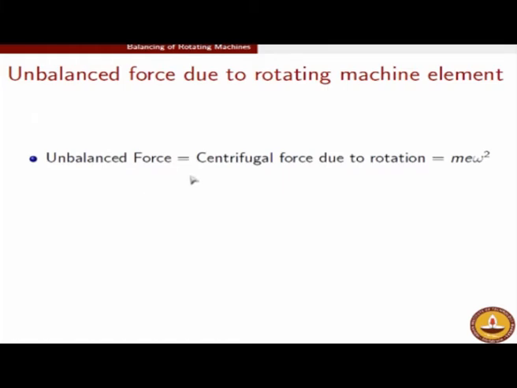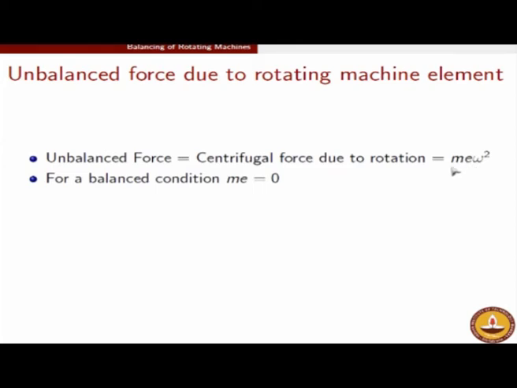At present, we are able to figure out that unbalanced force due to rotation is nothing but the centrifugal force, the magnitude of which is m e omega square, and if you want a balanced condition, then what we are looking for is m e equals 0.